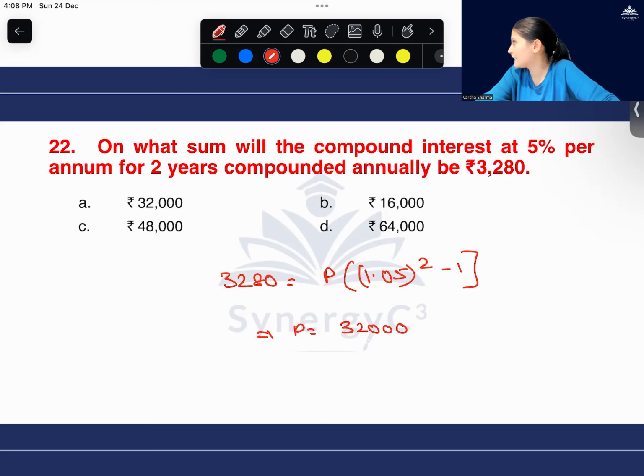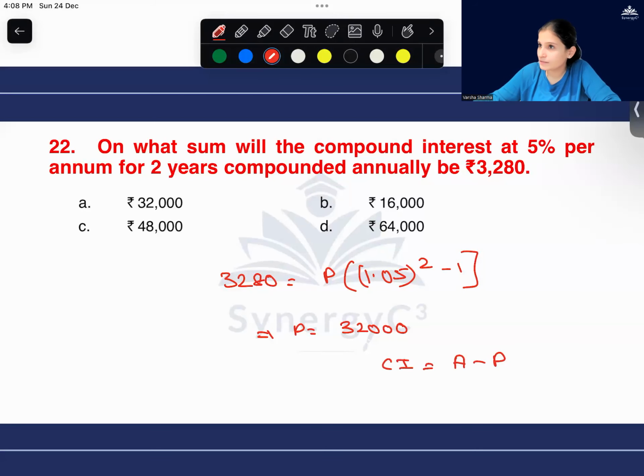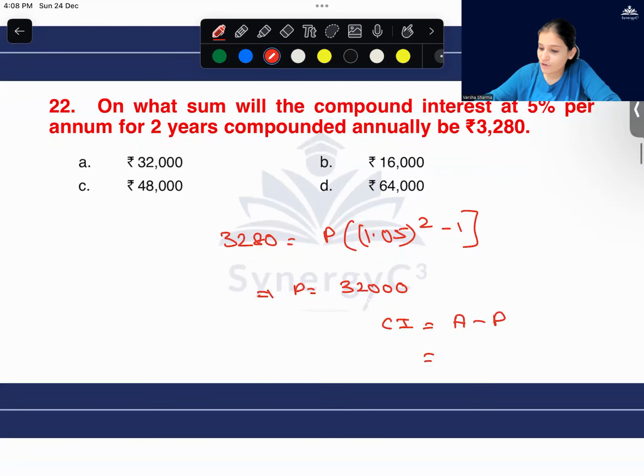Anyone who was not able to calculate it without using a pen? We had the formula. Compound interest is what? Amount minus principal. What was the formula for amount? P into (1 plus i) power n.